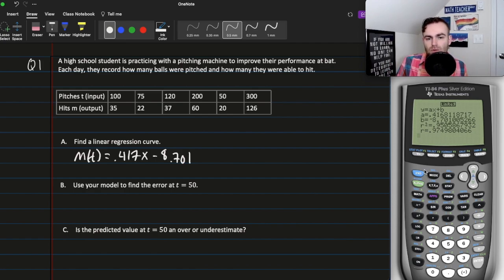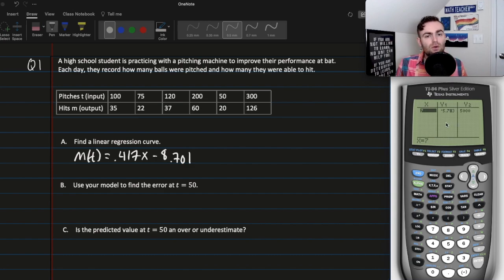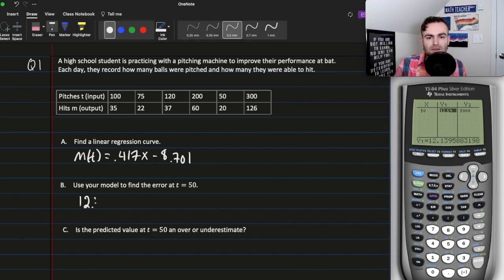So I'm going to go to table. Remember that if your table is not already set up to receive inputs, you go to table set and make it set to ask. We're going to set 50, and I get this number here, 12.1395.